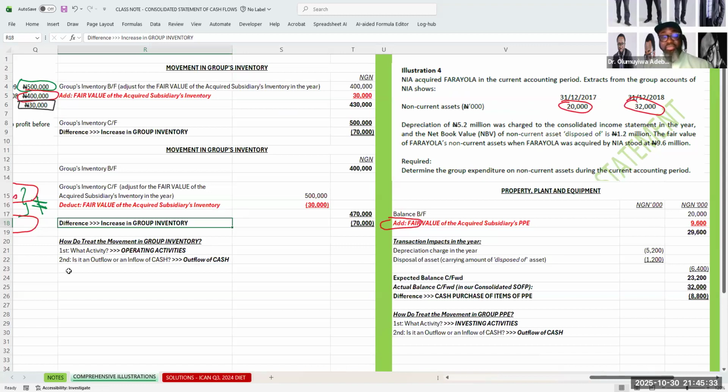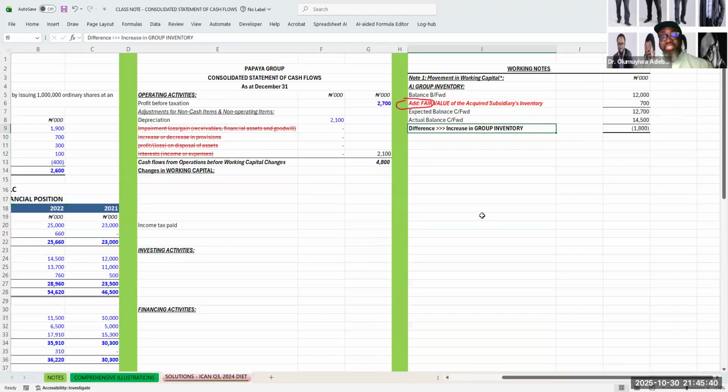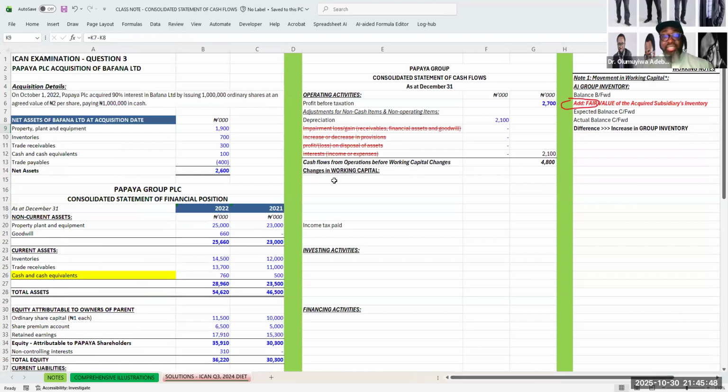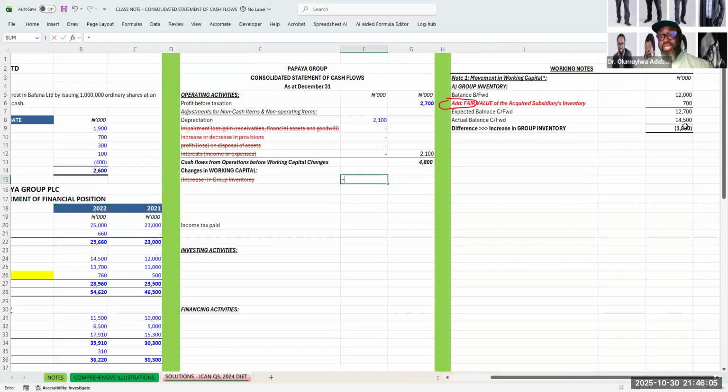We said operating activity. Second, is it an outflow or inflow? We said it's an outflow. Similarly, today, we are having the same thing as an increase, which is an outflow. Therefore, we'll come here and say increase. Remember, increase constitutes an outflow. I'll put it in negative in group inventory. And therefore, I link it up, and that is that.